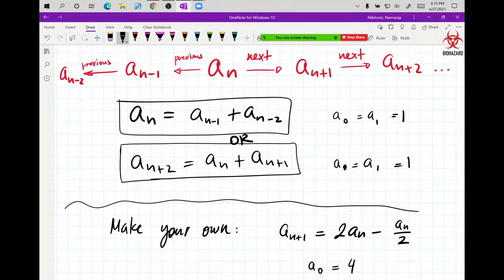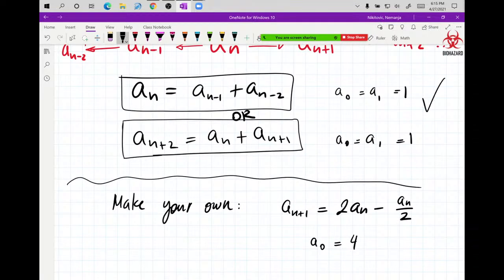And now, why do I need 2 over here and I need only 1 in the example below? Well, if you take a look, over here you have n minus 1 and n minus 2. Those are definitely two different numbers, right? Because if n is 10, then you have a_9 plus a_8. And a_9 and a_8 don't have to be the same numbers, right?